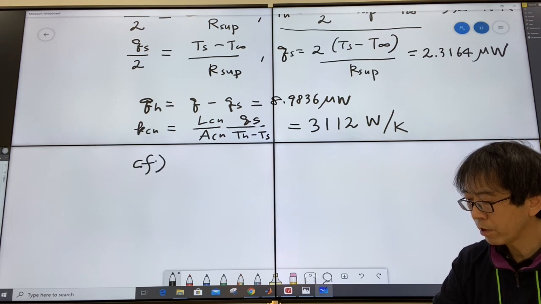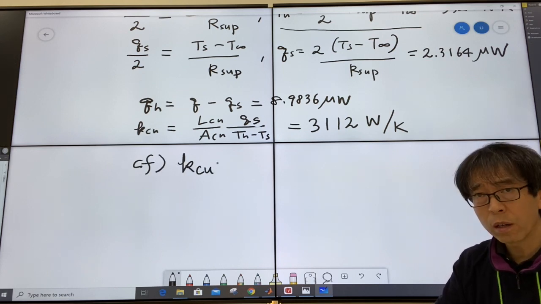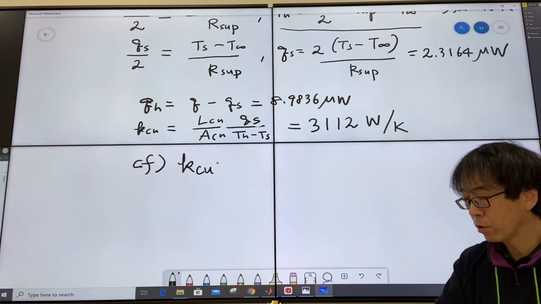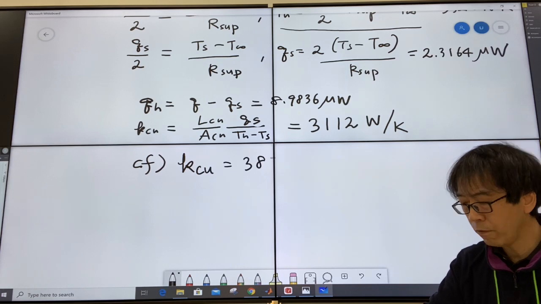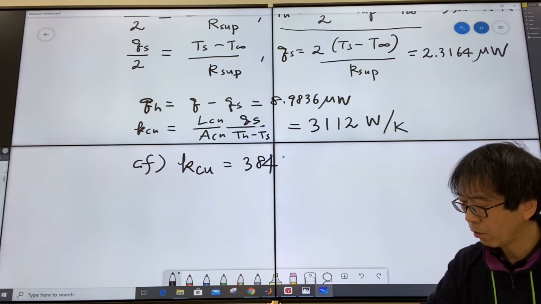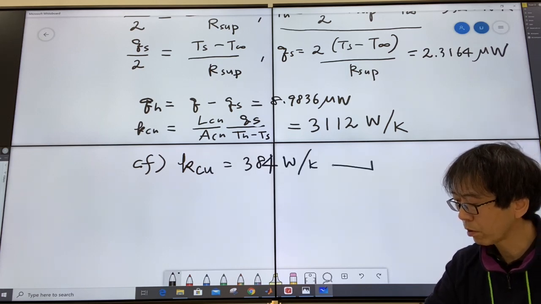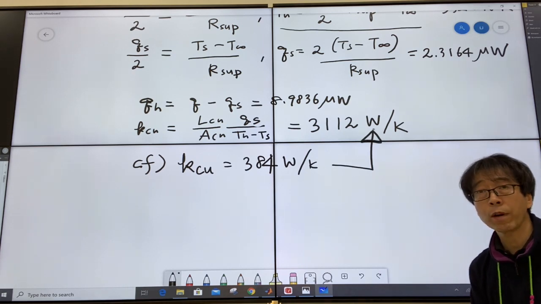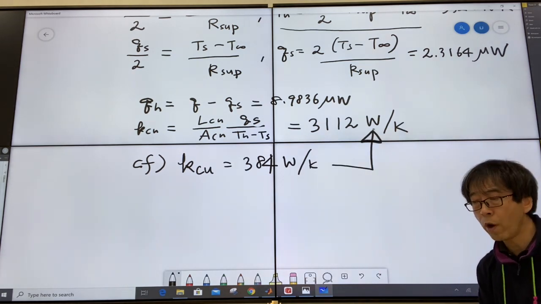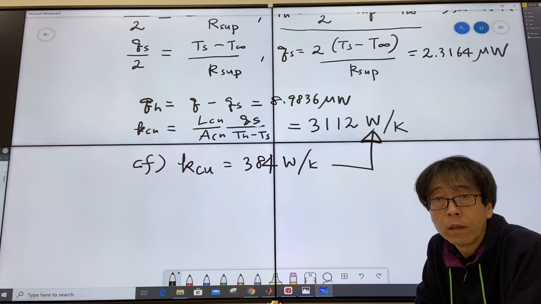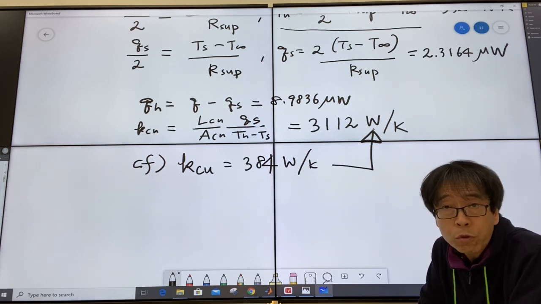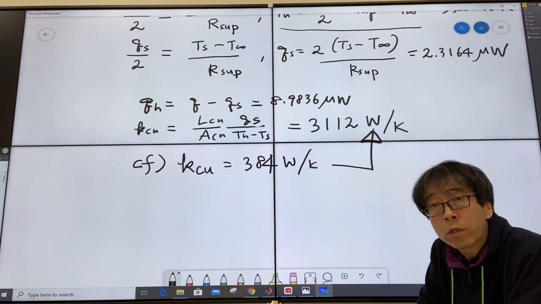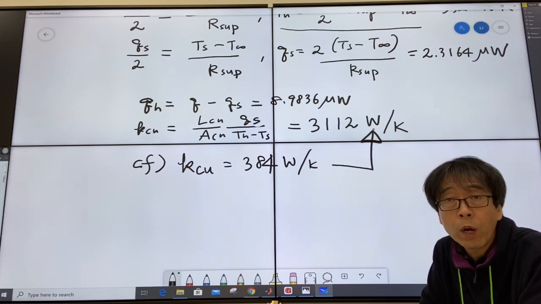Remember, as a comparison, thermal conductivity of copper, one of the most well-conducting materials, is 384, if I remember correctly, watt per Kelvin. Look, it's 10 times greater than the most well-conducting material on Earth. Isn't that amazing? So graphene, carbon nanotube, these kinds of superstructures can conduct heat very well.